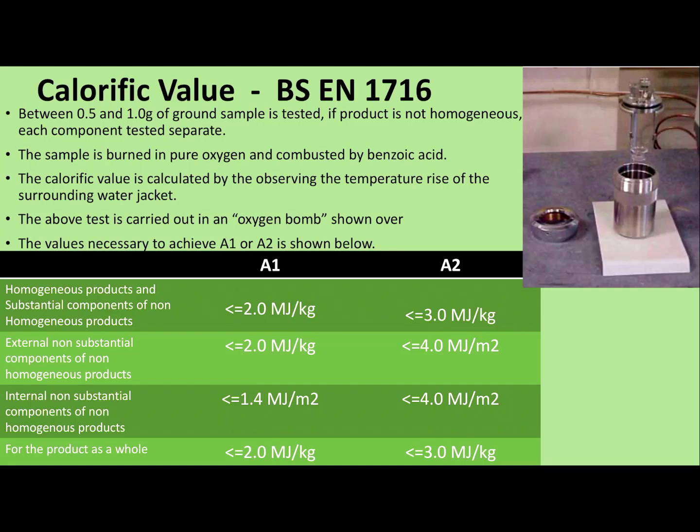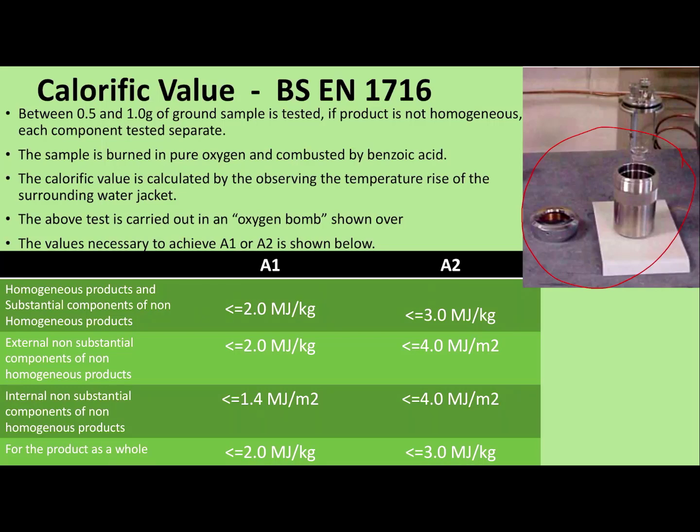And then on the crucible, there's a firing mechanism attached to the sample, a firing wire, and that all sits within the apparatus that we see there. It all sits inside, because this is where it says it's a bomb.